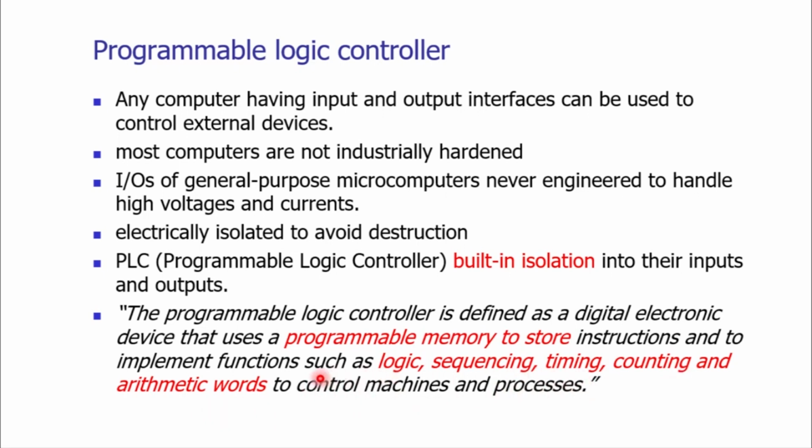the machines and processes. I would like to emphasize here that these functions are very general. They are there in the microprocessor, in the microcomputer, and in the microcontroller as well. But when we use this technology especially to control machines and processes, then we call that device the programmable logic controller.